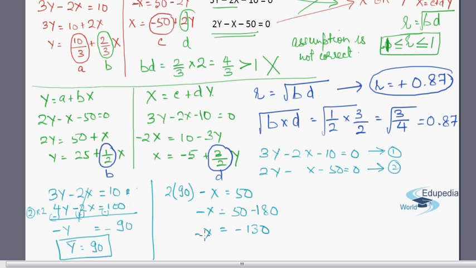So minus x is minus 130, and therefore x will be equal to 130, and that's the average value. Of course, we know that the regression lines intersect at the point x bar and y bar, that is the average value. Therefore, I can take both these equations for the average and solve them, and this is what I've done, and I've got the values of x bar and y bar.